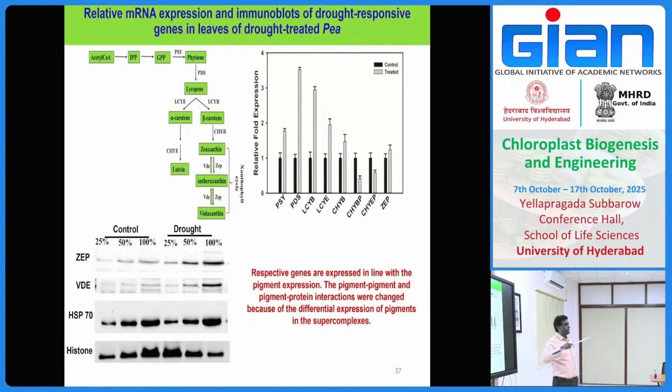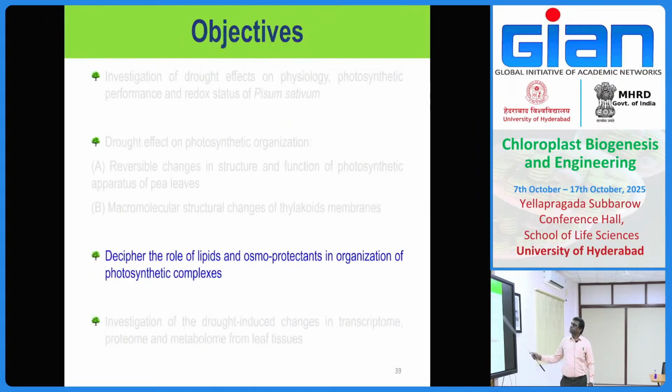This is an indication that the pigments coming from the chlorophylls are converting to carotenoids, and all these compounds have increased.